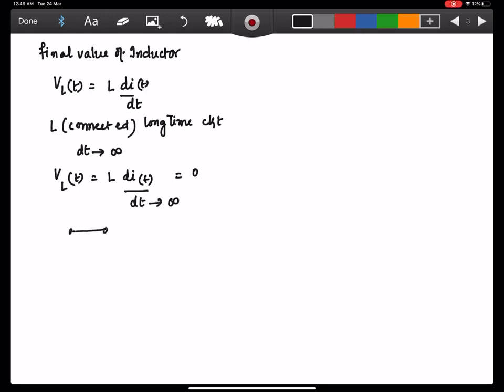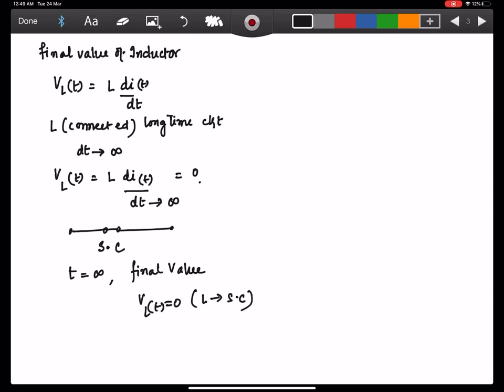So at this particular point, your inductor will behave as a short circuit. So at t equal to infinity, the final value is VL(t) equal to 0, and your inductor will behave as a short circuit.